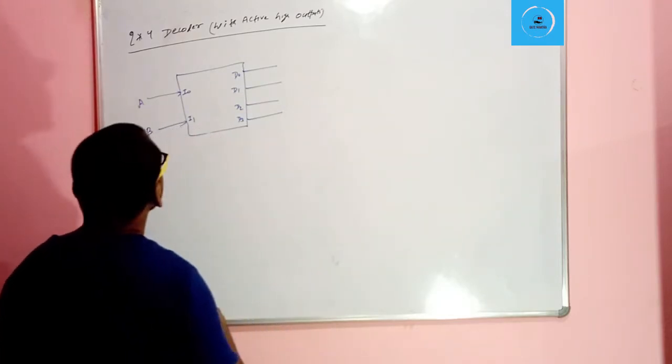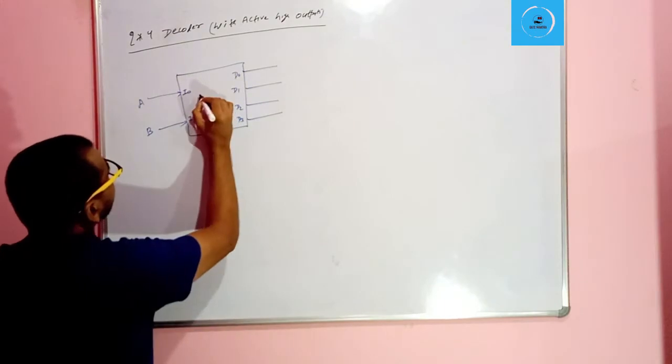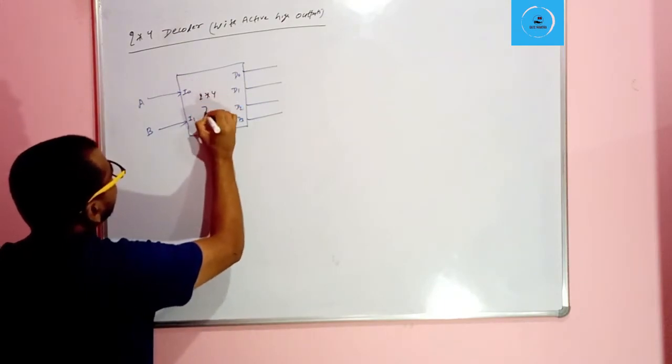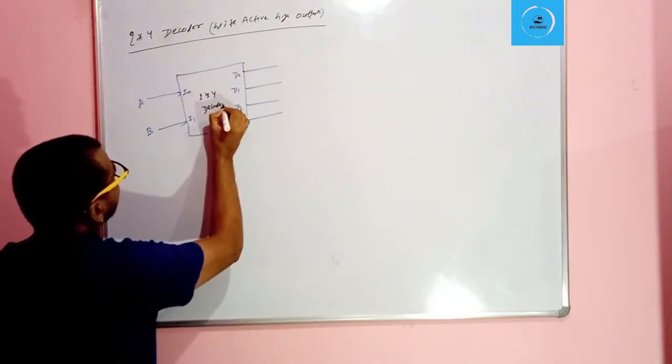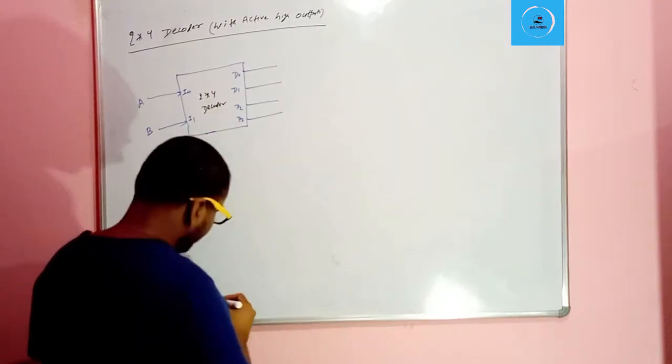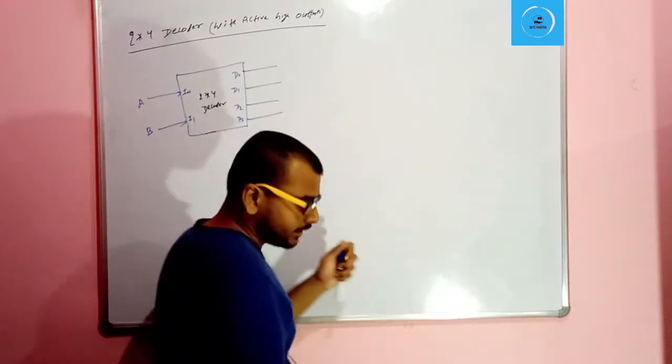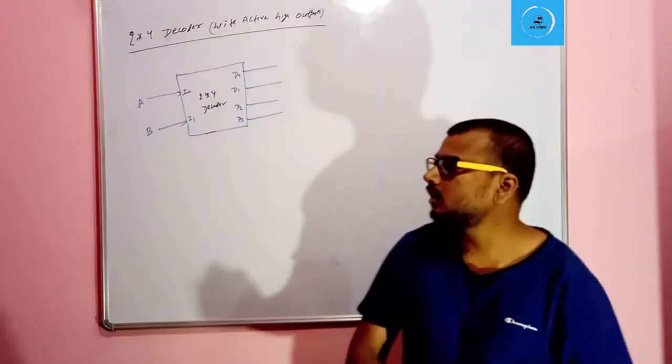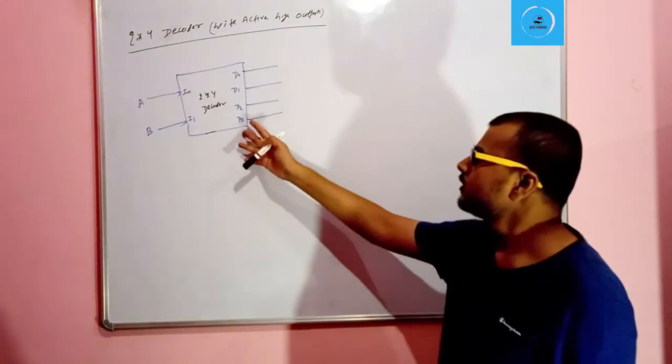This is the 2 to 4 decoder. There is no select signal like in the multiplexer and demultiplexer.